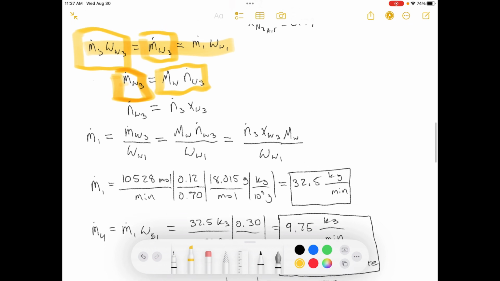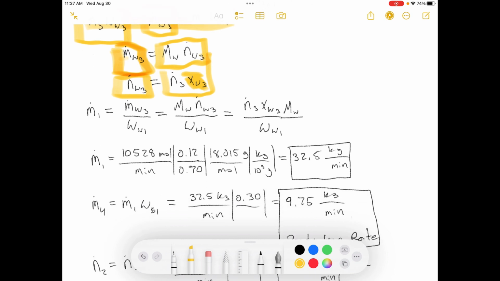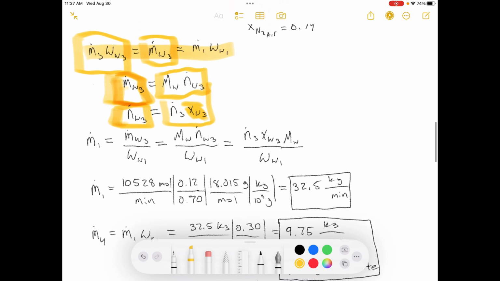So now that we know that, we also know that the molar flow rate of water is equal to the number of moles times the mole fraction. So we're just converting everything into mole fraction. Given all of these true statements, now we can say M1, which is what we want to calculate for, is equal to this, our total mass of water flowing, divided by the mass fraction of water in that stream.